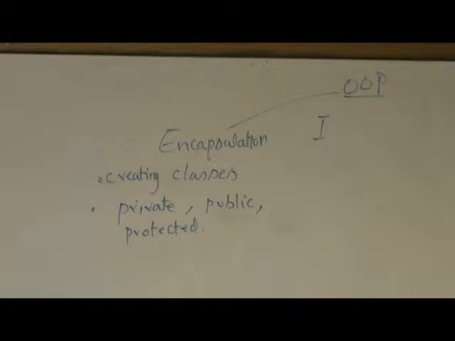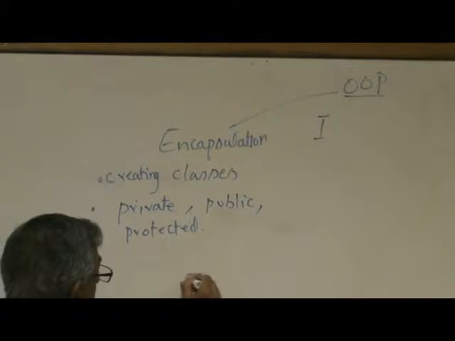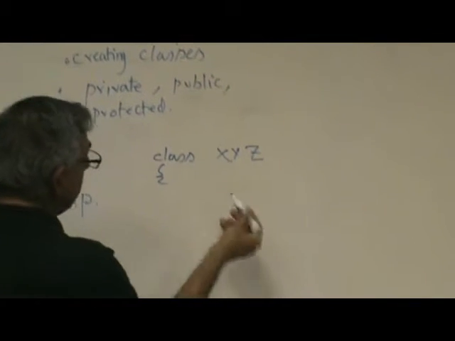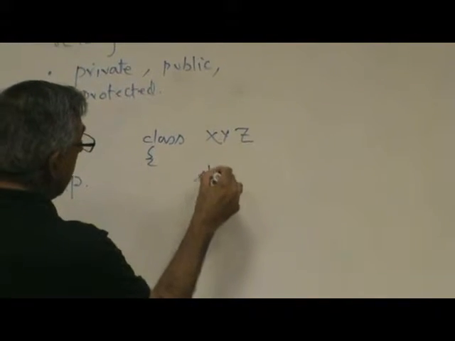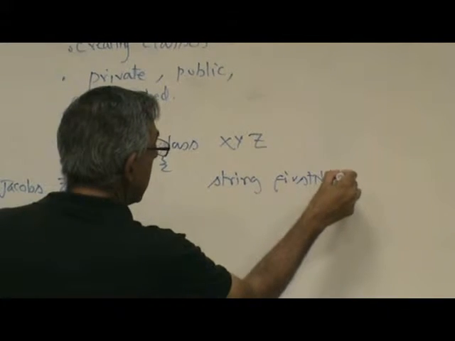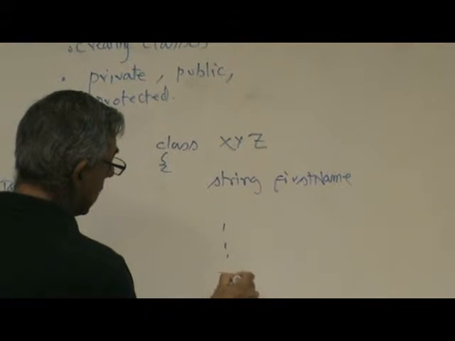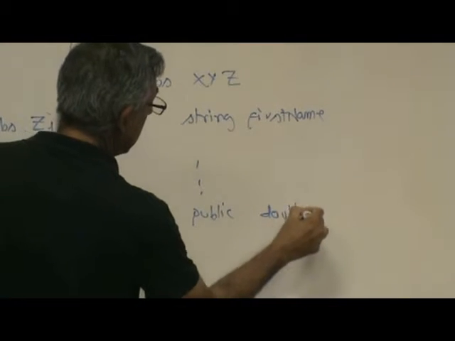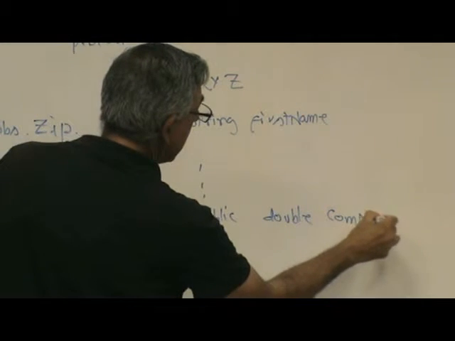Both the data as well as the functions as well as the class itself could be marked private or public. So if you create a class XYZ, and you declared some, let's say, string first name, and somewhere over here you have something, let's say public double compute pay.